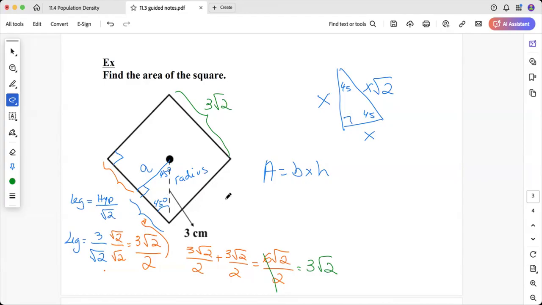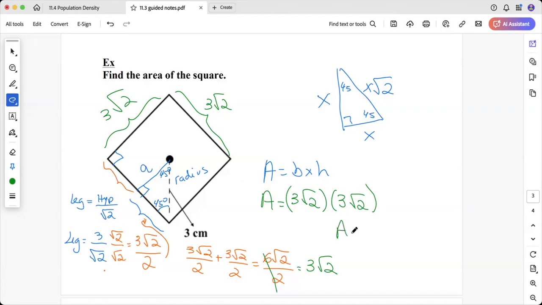Okay, so now we do base times height. So area equals 3 square root of 2 times 3 square root of 2, because this is also 3 square root of 2, base times height.